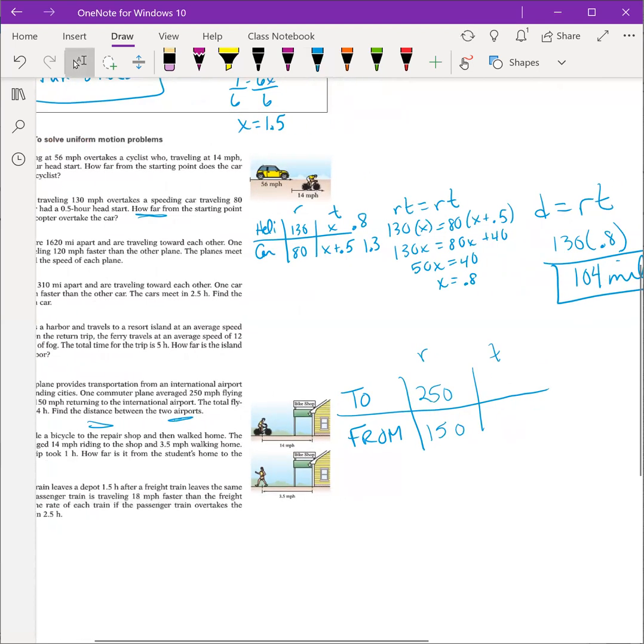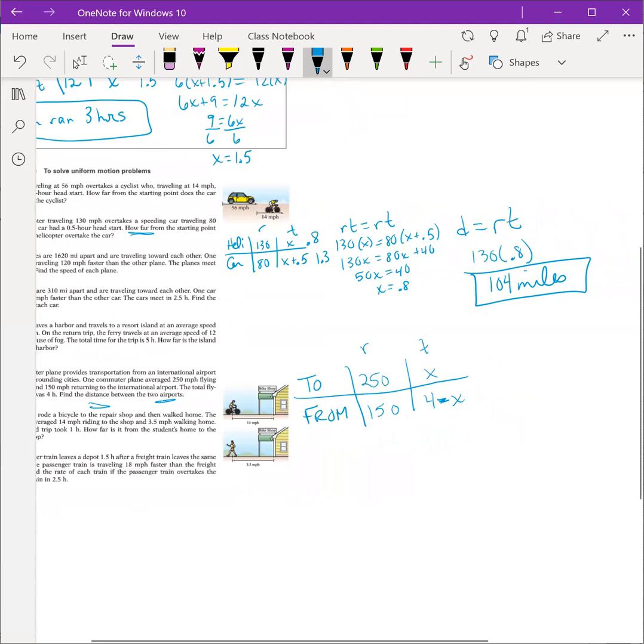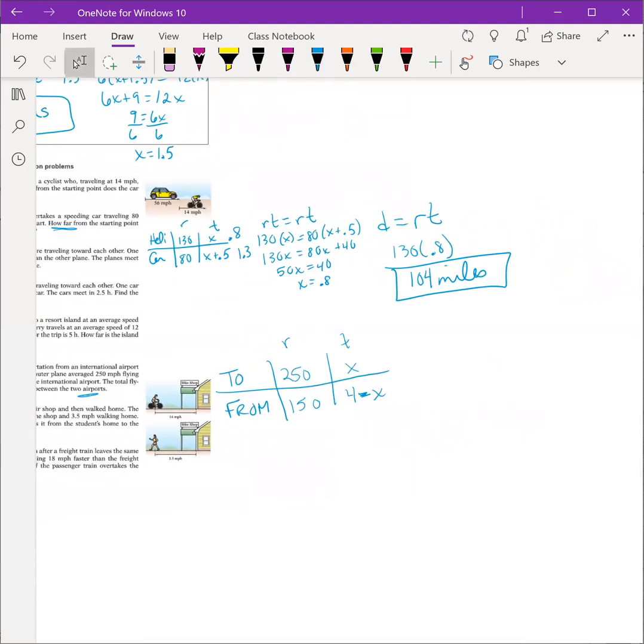So what do I do? Do I just break it up 2 and 2, 3 and 1? How do I do this? I know the total flying time is 4 hours. How long does it take me to get there? I don't know. X. How long does it take me to get home? Well, we take the total amount of time, 4 hours, and subtract the amount of time we used. So 4 minus X. So hopefully you're getting good at that strategy now.